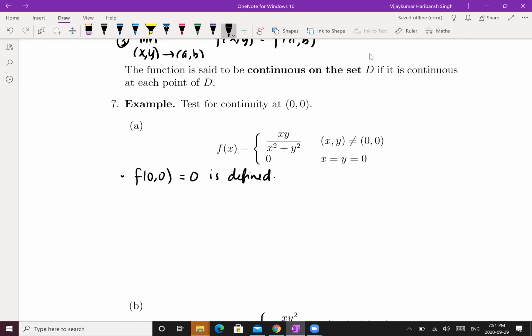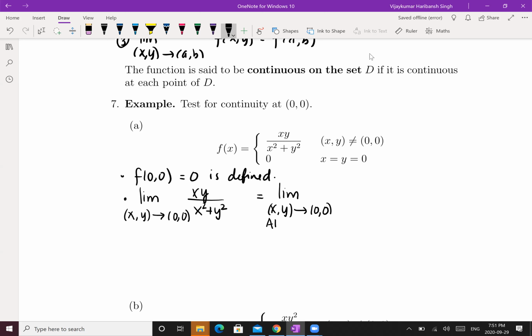For that, the limit as (x,y) goes to (0,0) of xy upon x squared plus y squared equals the limit as (x,y) goes to (0,0).